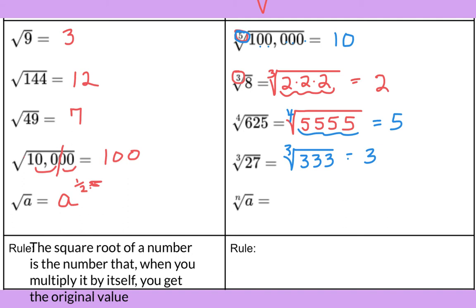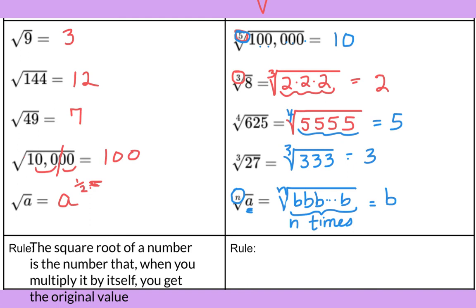So our rule here is we're looking for a group of this number of factors to get us to this number. I don't know how I'm going to say that in words. I guess algebraically I could say if A is equal to the product of a bunch of things, so let's say B times itself n times, then the nth root of A would be B. That's kind of weird, right?